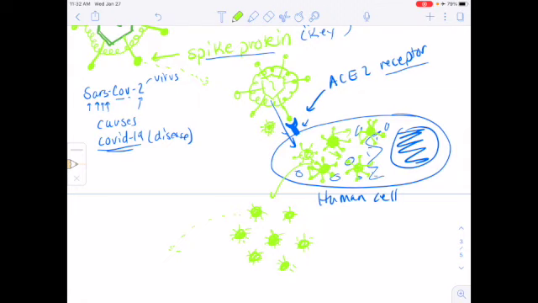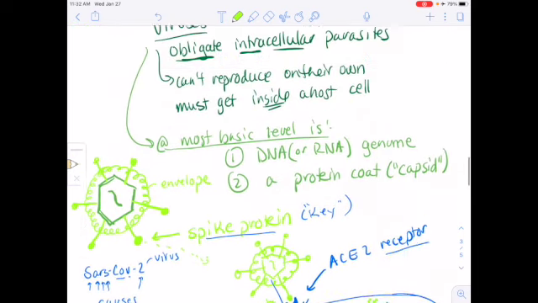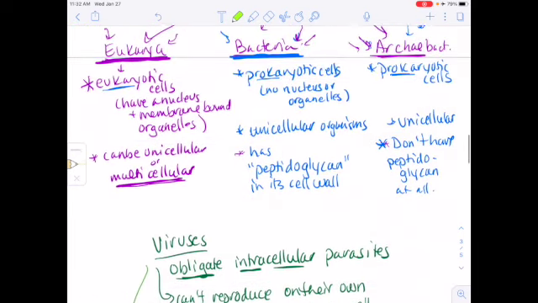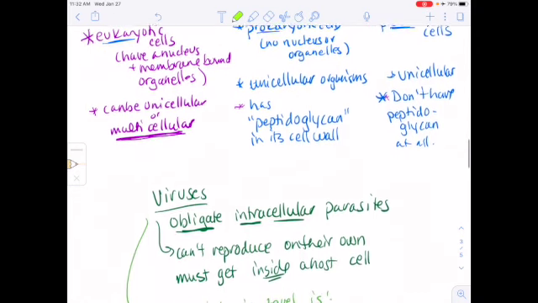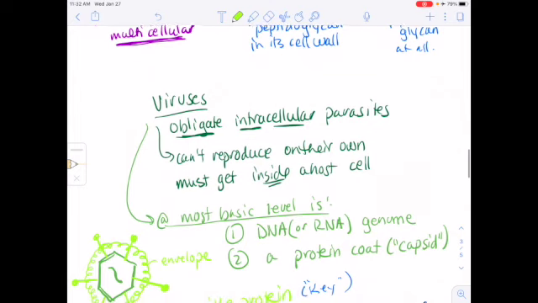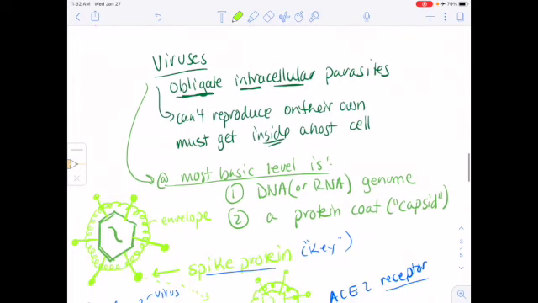Okay, so viruses, take-home message: they don't count in one of the domains. We don't consider them to be living organisms, but it's kind of weird that we don't, because they certainly know how to assert themselves, don't they? They are obligate intracellular parasites.